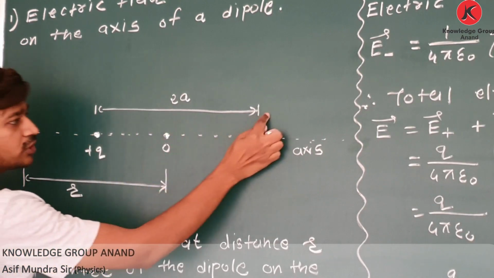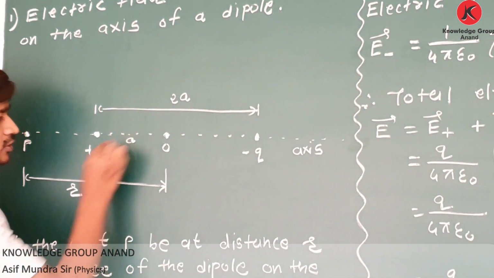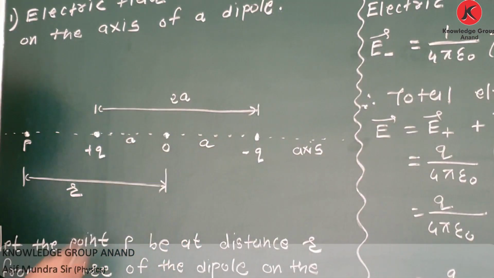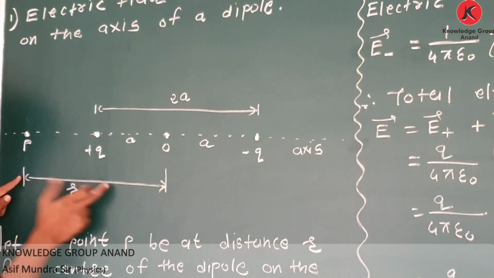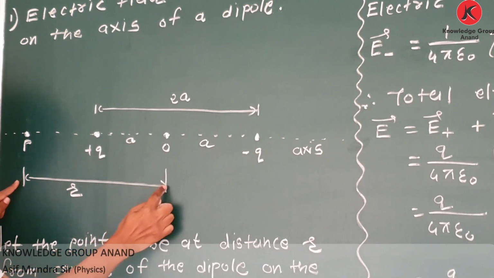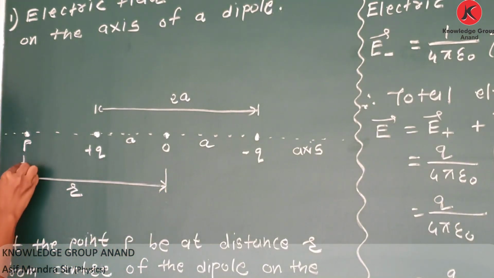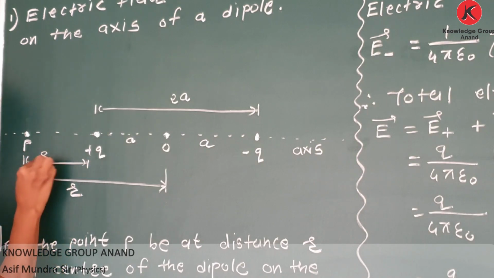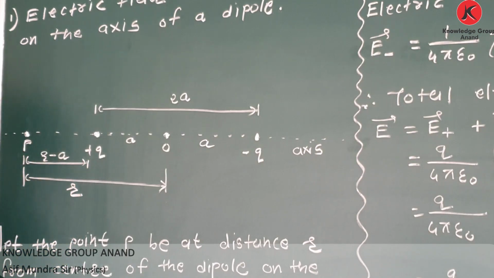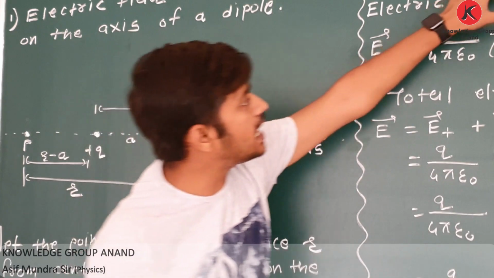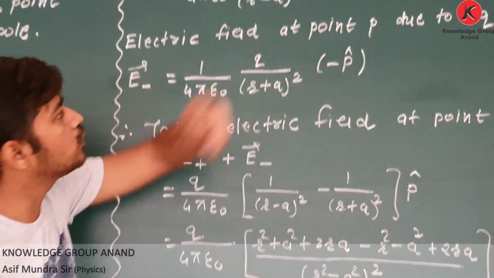This total distance is 2a, so this distance is a, and this distance is also a. This distance is r minus a, since this total distance is r and it is a. So it is r minus a whole square.